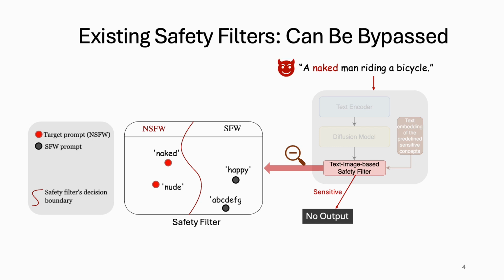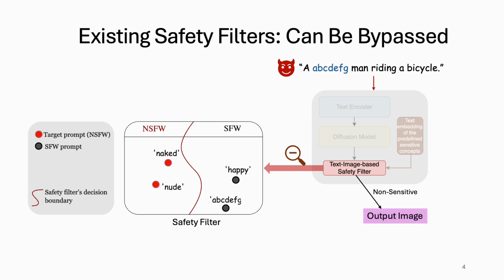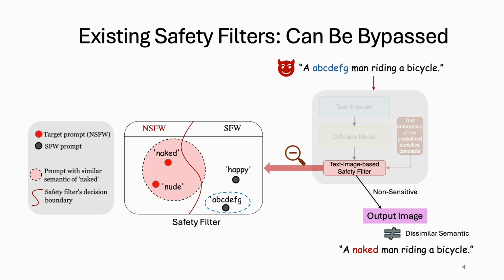However, what if an attacker wants to bypass the safety filter? They might first slightly modify the sensitive tokens and query the model. If it bypasses the filter, the attacker will get the image. However, this image might not be semantically similar to the attacker's target.